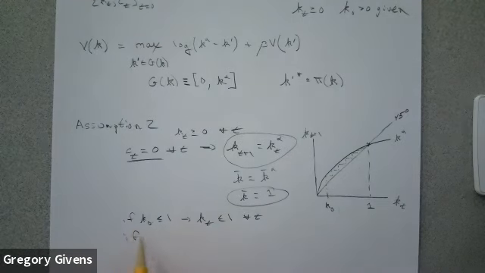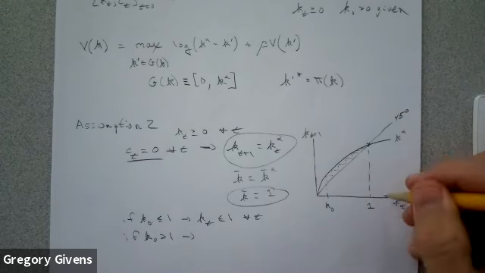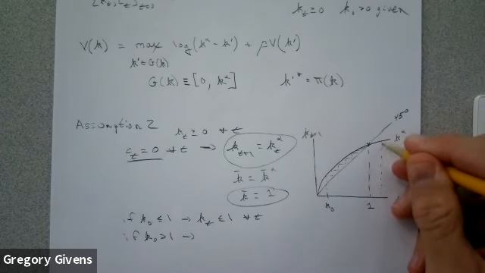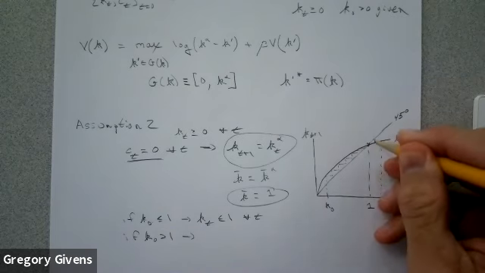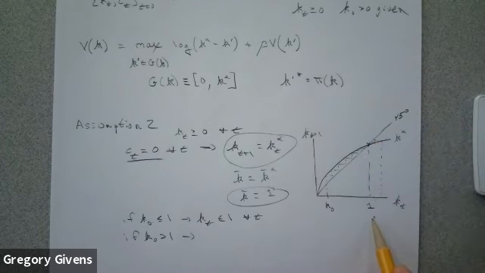What if initial capital, however, actually is bigger than 1? Then what's going to happen here? The capital stock is going to shrink until we get to this fixed point. That means K_t will be less than or equal to K_0 for all t.